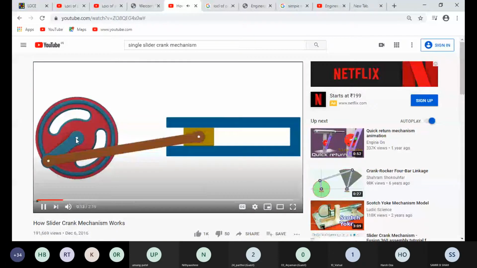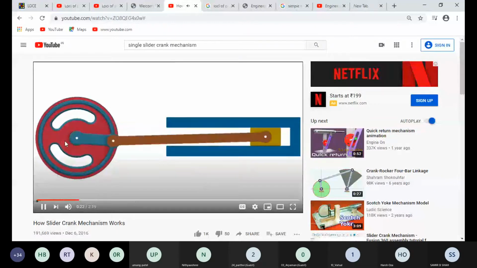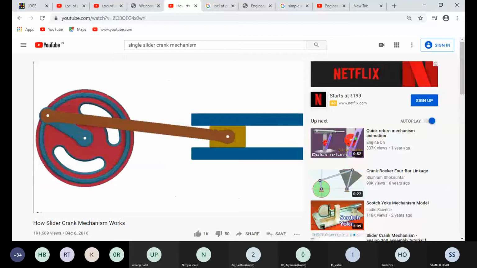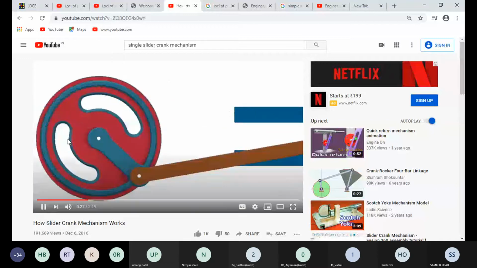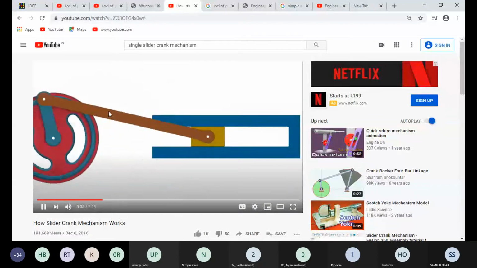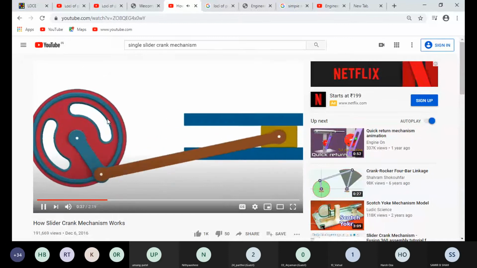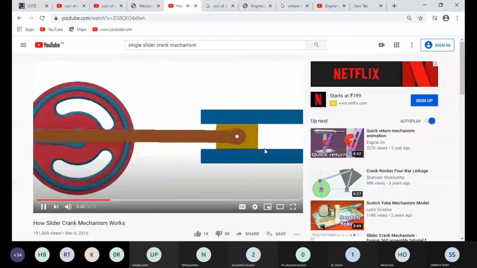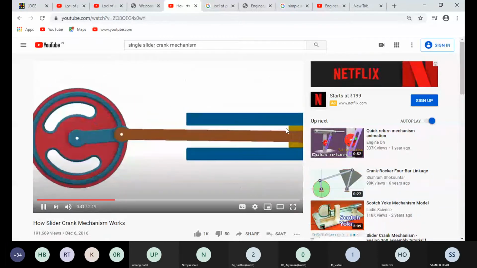The blue colored portion is called the crank. Its distance is constant, and we are focused right now on the crank. The crank revolves in its own position. Remember that one thing. The brown colored part is the connecting rod.